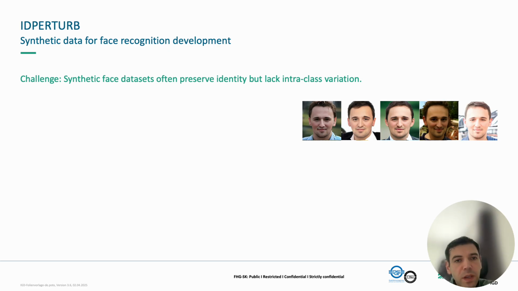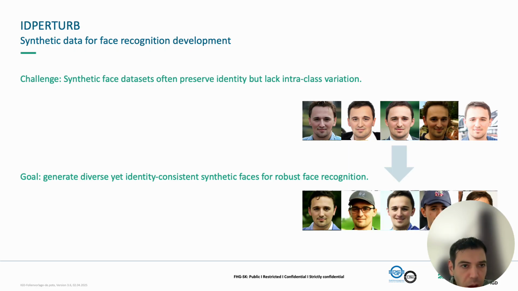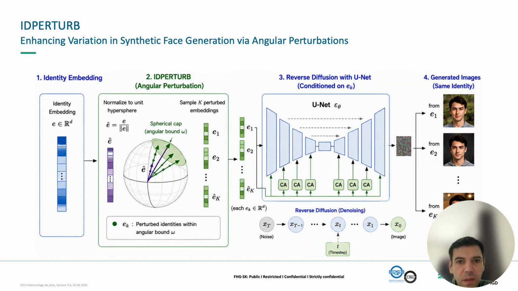The main challenge for these approaches is that the generated data often contain little intra-class variation, and our goal here is to generate diverse yet identity-consistent data for robust face recognition training.